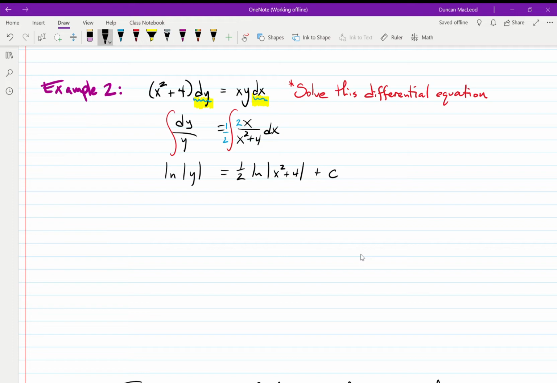So one thing that we can definitely do is this absolute value symbol right here, we could get rid of. And the main reason we could is because x squared plus 4 could never be negative. So the absolute value symbol isn't even needed. Also, we've got a 1/2 multiplier in the front. So that could be brought inside as natural log of x squared plus 4 to the 1/2 power, or square root.